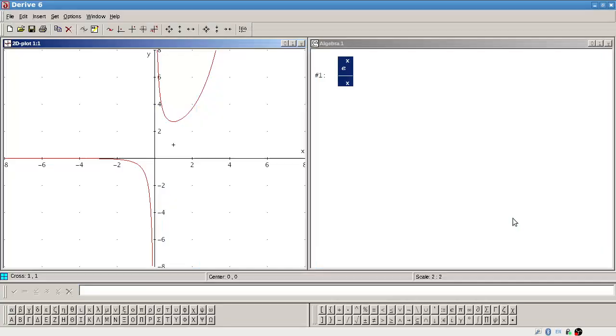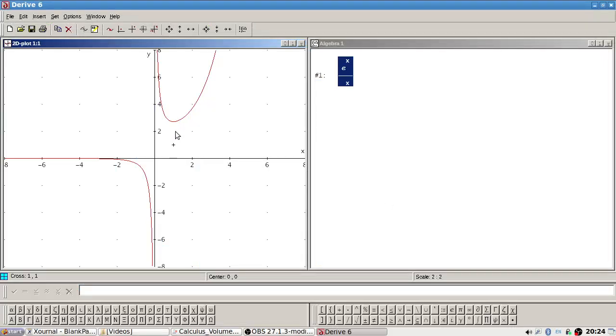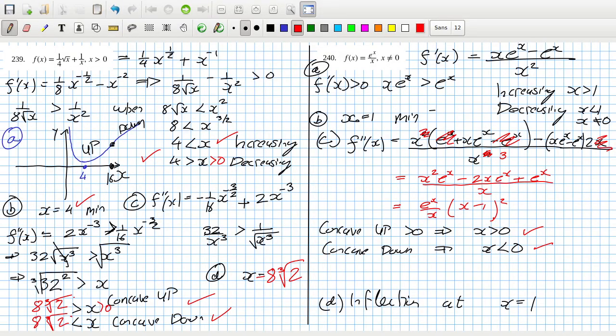Concave up to the right. Yeah, that's definitely right. Inflection at 1, though? No, because the first derivative at 1 can't be 0, and it is.